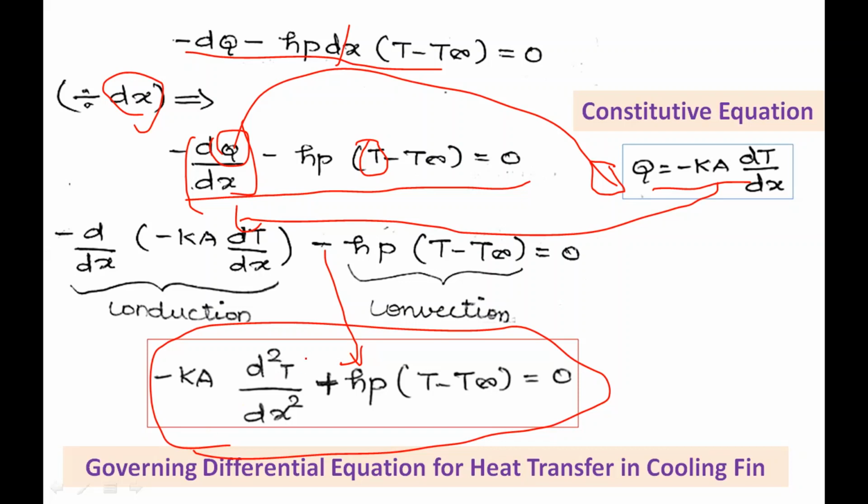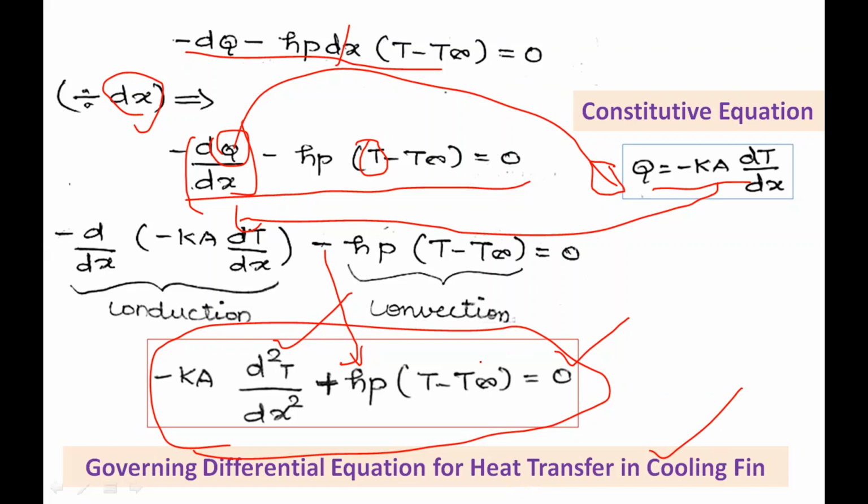Here we are not considering the radiation mode. Now this is a second order differential equation, right hand side 0, so second order homogeneous differential equation. We have already seen most of the engineering problems can be described by using the second order differential equation. Here also we are getting the second order differential equation for the heat transfer in cooling fin.